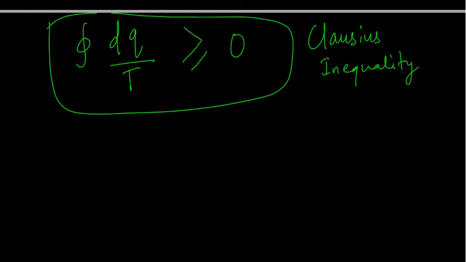You've already seen some of these cycles, right? And you've already realized that in some of these cycles the cyclic integral of dq reversible by T is equal to 0. There I have not used reversible or irreversible.